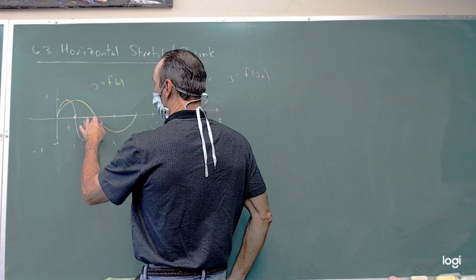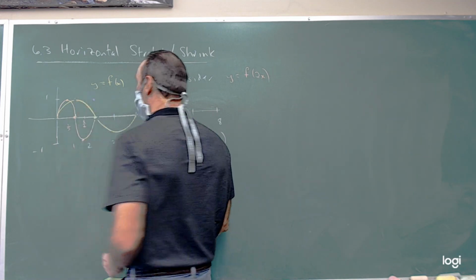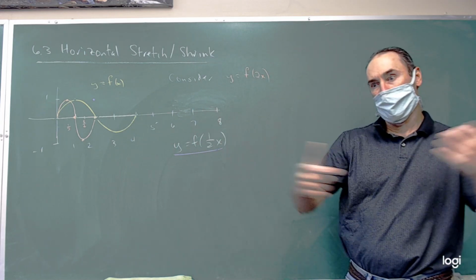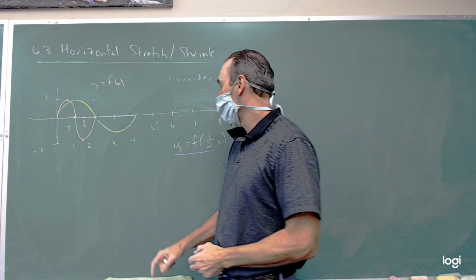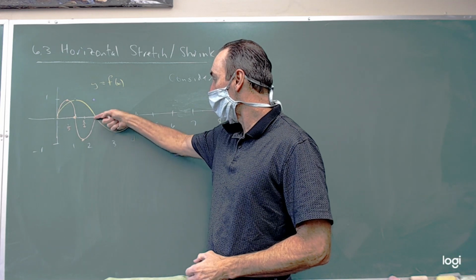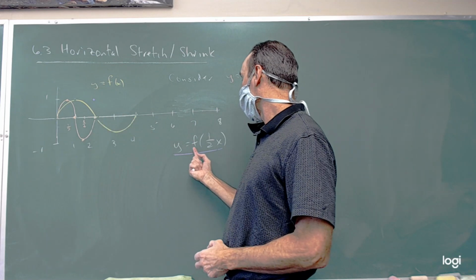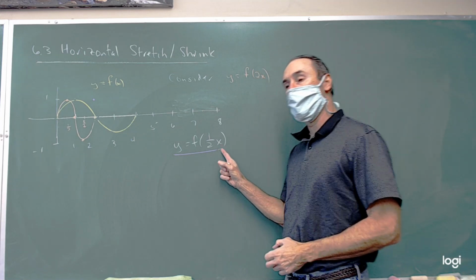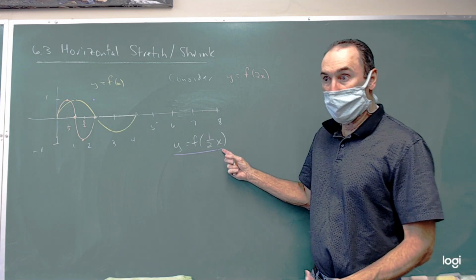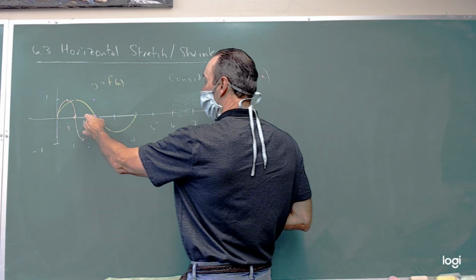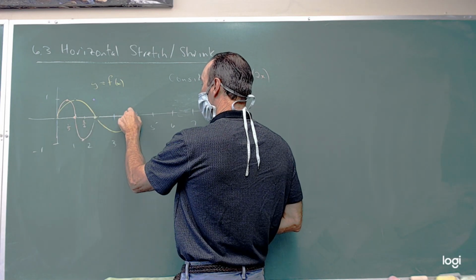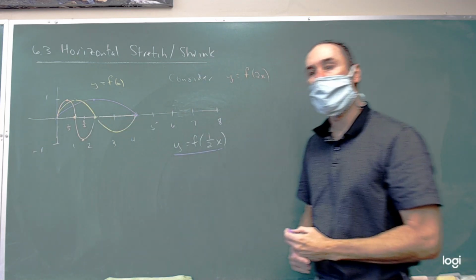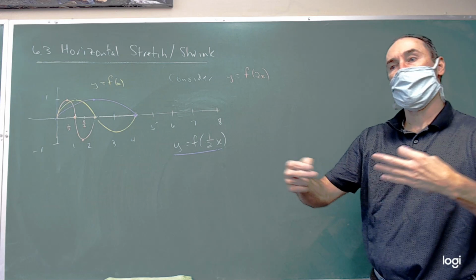And so when x is 2, we finally made it to the top of that little mountain there. So it's going to stretch that thing out horizontally. In order to evaluate this at 2, to evaluate in the function f an x value of 2, we need to choose an x value here of 4, because then half of 4 is 2, f of 2 is back to 0, so that's going to take us all the way here, and we have stretched that upper loop all the way out so that it is now twice as long.